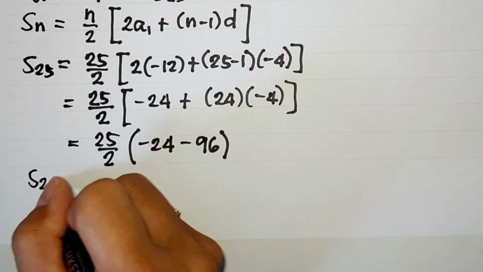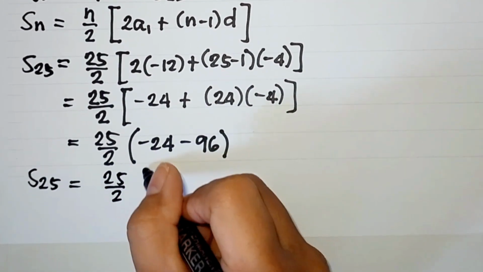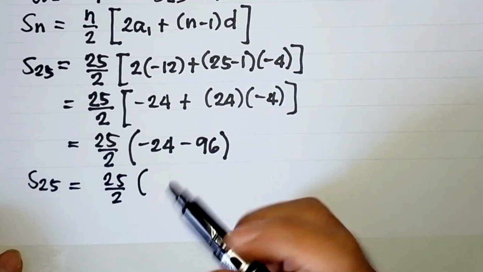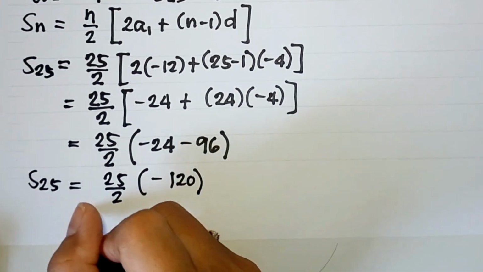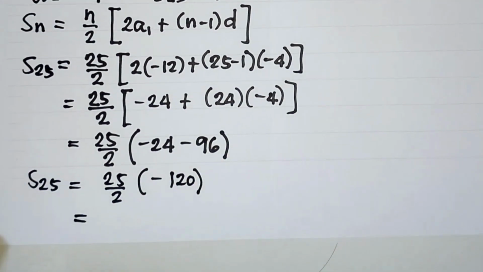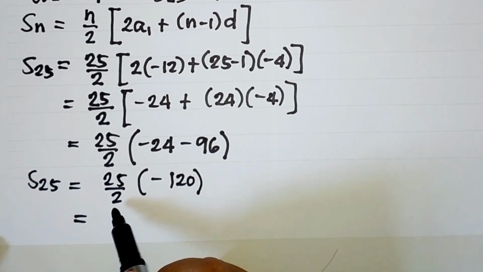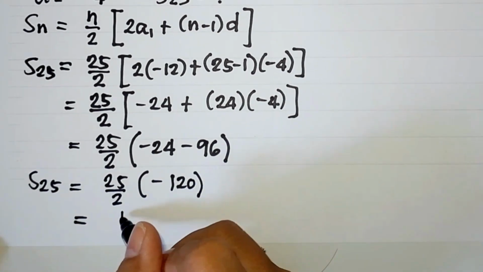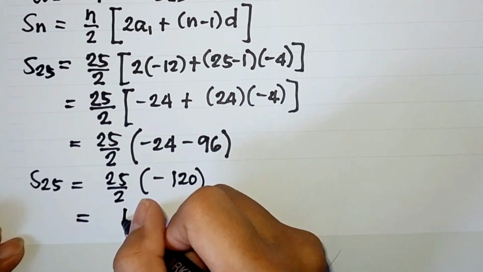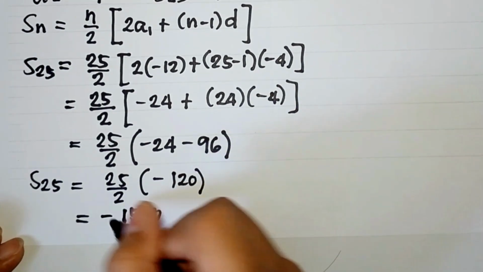Therefore, S sub 25 is equal to 25 over 2 times -120, and simplifying, 120 is now divisible by 2, so 120 divided by 2 is 60. Then 25 times 60 is 1,500. And positive times negative is, of course, negative.